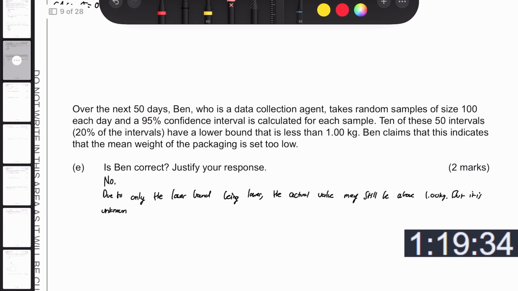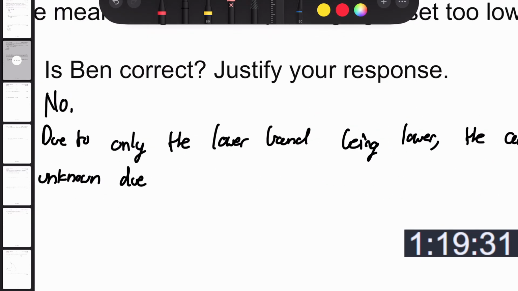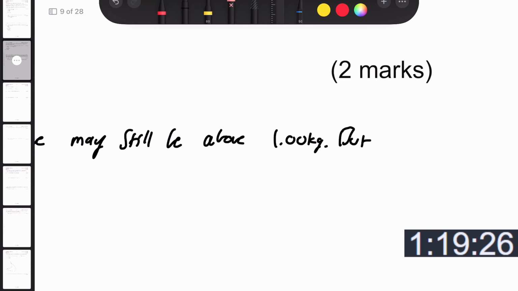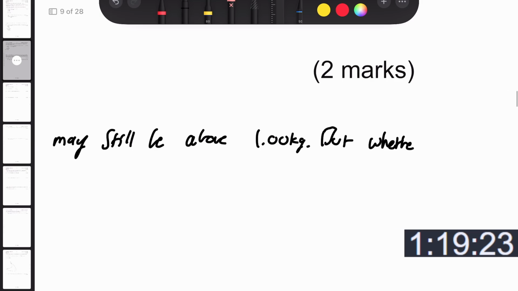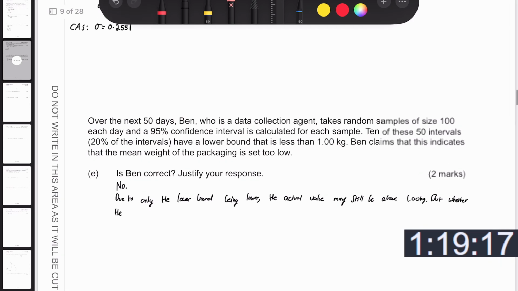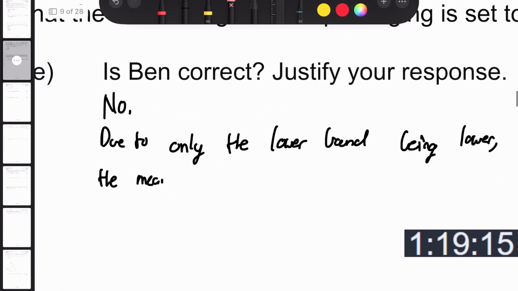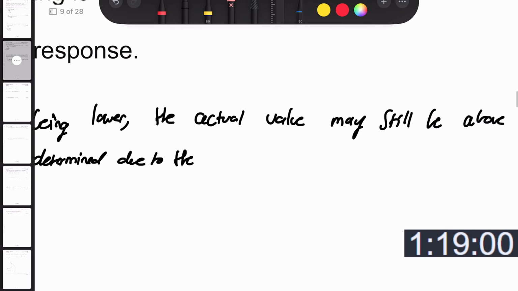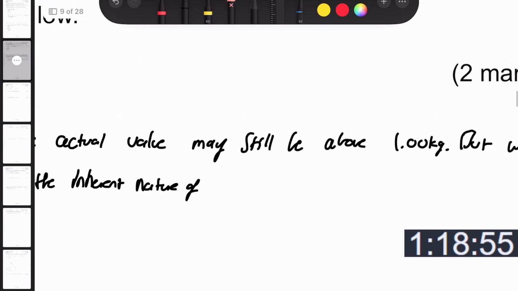Due to the random, but whether the mean is too low cannot be determined, due to the inherent nature of random sampling.